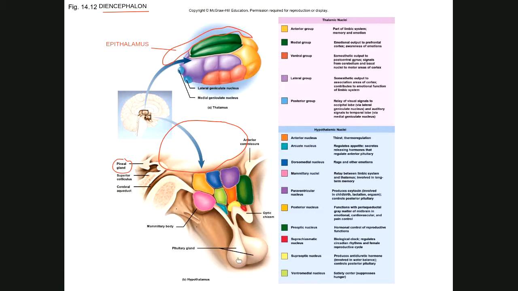Therefore, the hypothalamus does have an important role over the pituitary. What it does is regulate and control, to some extent, the pituitary gland of the endocrine system. Therefore, the hypothalamus is a major control center of the endocrine system. Also, it is a major control center of the autonomic nervous system, the ANS.